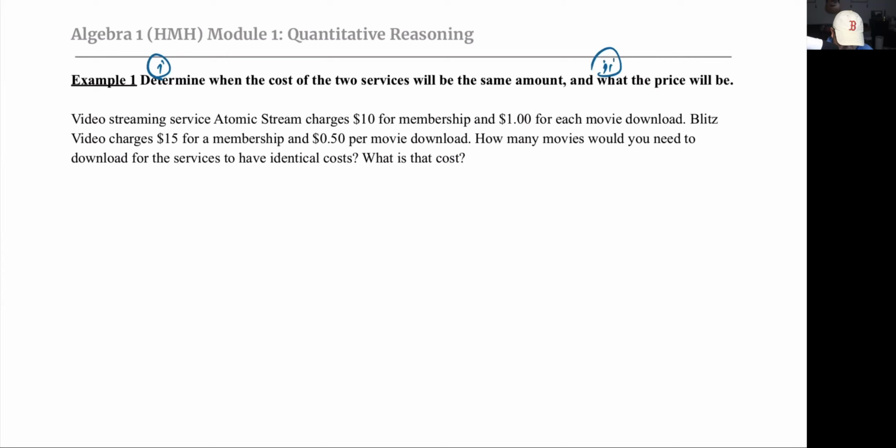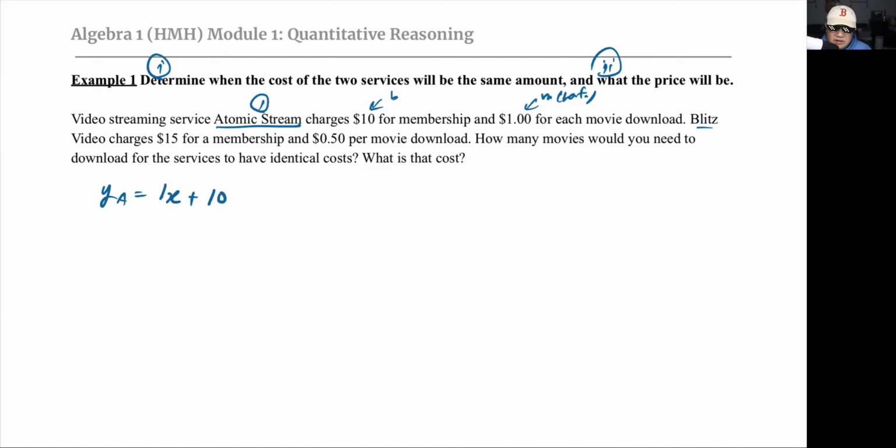So Atomic Stream, let's call that the first one. $10 for membership, that's the b, and the $1 is the slope m, because that's the rate. So for Atomic Stream, let's go with A, because the next one is B, y of A is 1x plus 10.